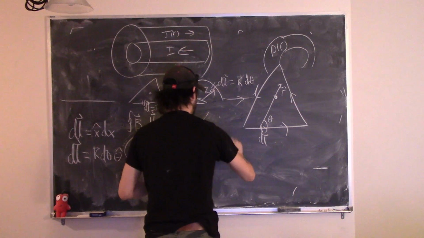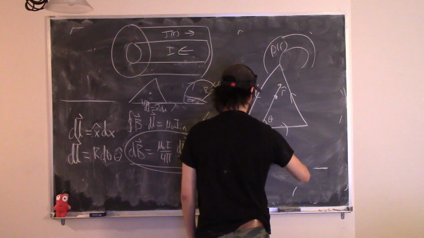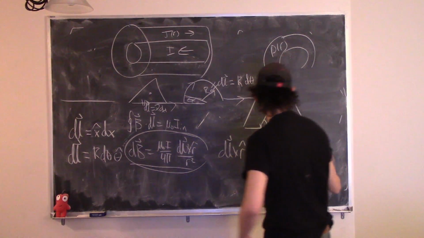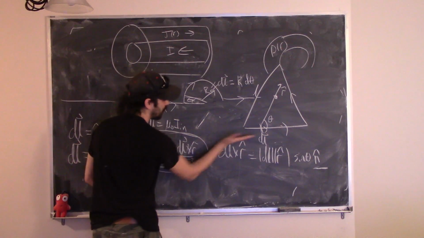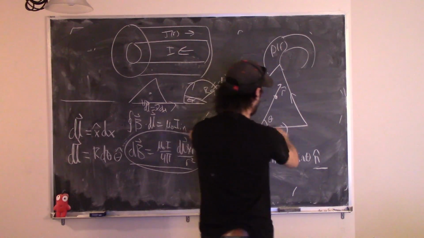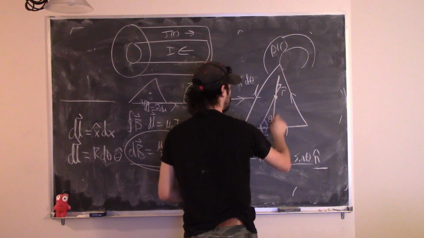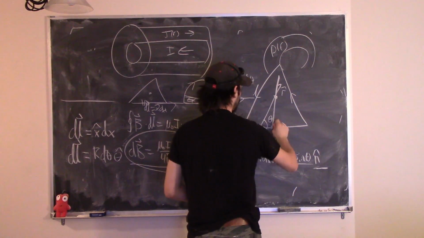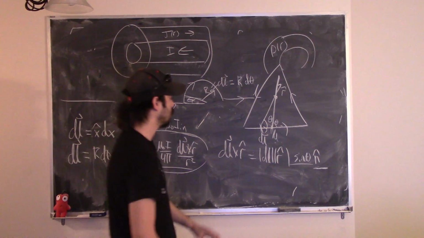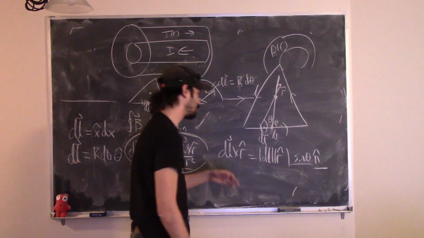When I do dl cross r hat, this is going to be mag dl, mag r hat, times the sine of the angle between them, times the unit normal vector you get from the right-hand rule. So fingers in this direction, curl in this direction, this points that way. That's how you would do this for finite lines, and then it's important to parameterize what sine of theta is, because for every different dl I have a different theta, and in turn a different sine of theta. So this needs to be parameterized ultimately in terms of the same variables that you're integrating over. And that's what we saw on the other exam.